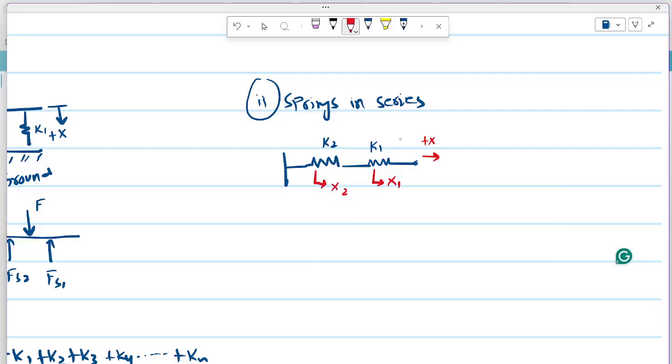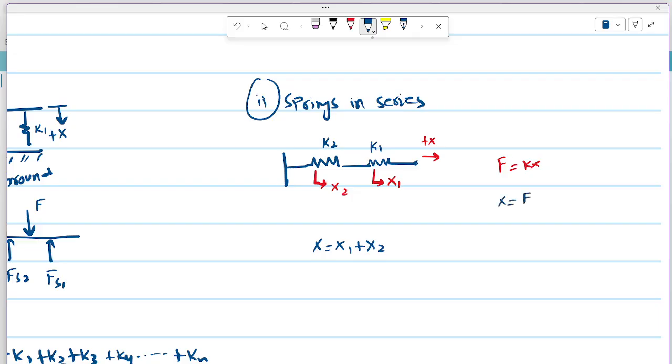Since we know that the spring force is F equals kx, and since they both have independent displacement coordinates, the total displacement would be x equals x1 plus x2, and we can substitute from here.